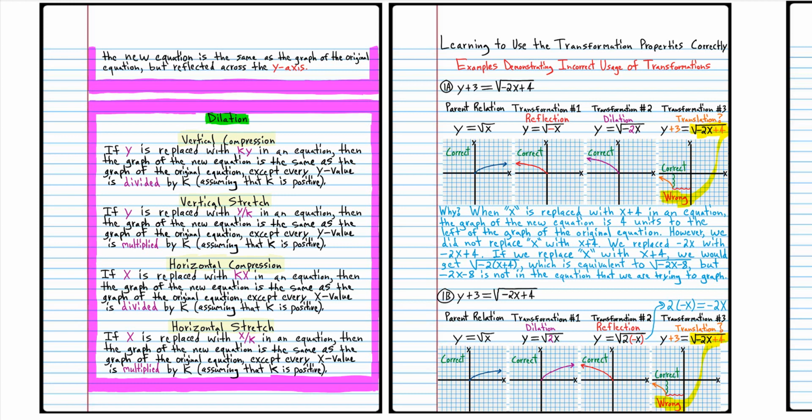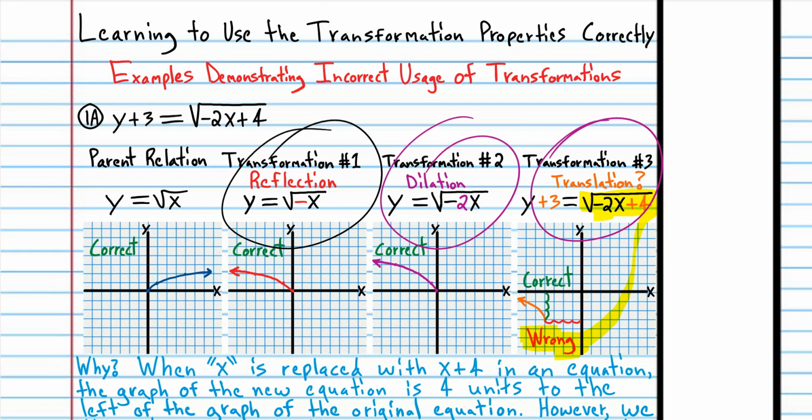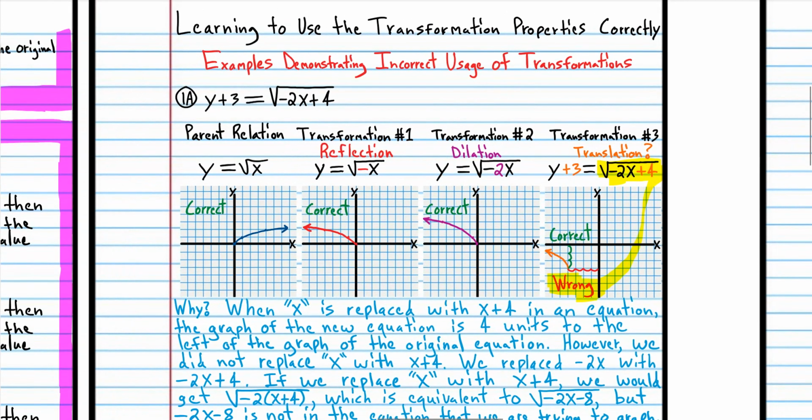So in the previous class, I designed the problems so that it was impossible to really make those types of mistakes. I gave you the order that we transformed the graph. But today you're going to learn how to figure out how to build an equation and transform the graph yourself without making any mistakes.